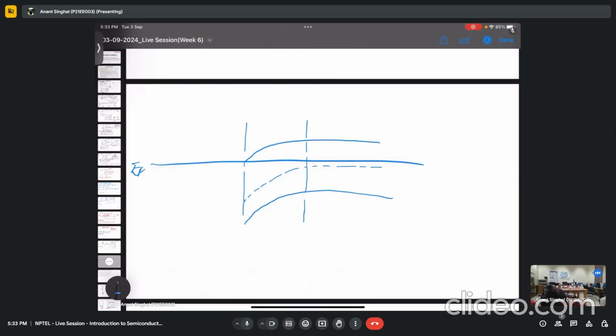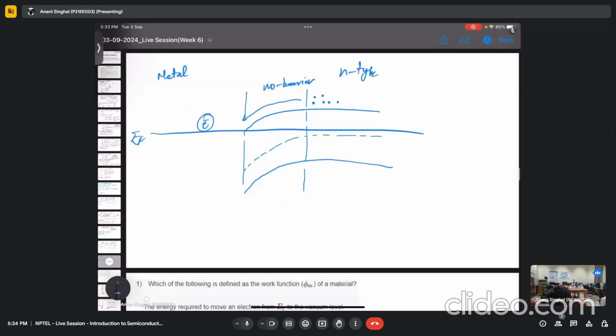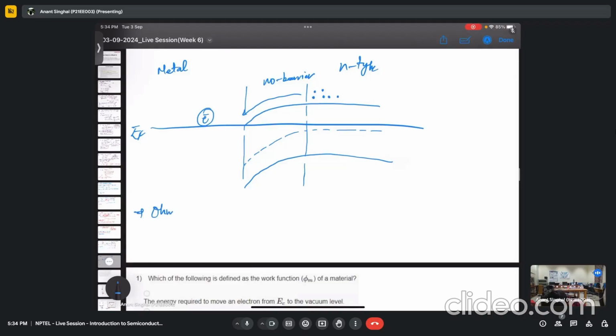Now we can clearly see that this is n type and this is metal. All the electrons that the n-type semiconductor has will easily flow through this. There is no barrier, and we know that metal is already rich in electrons. That is why we call this contact an ohmic contact.